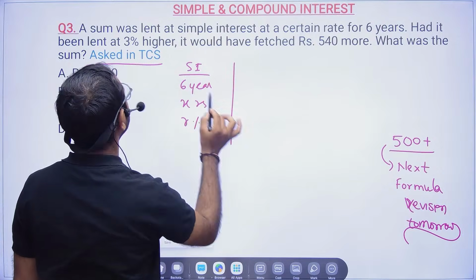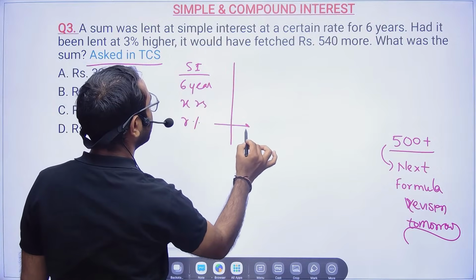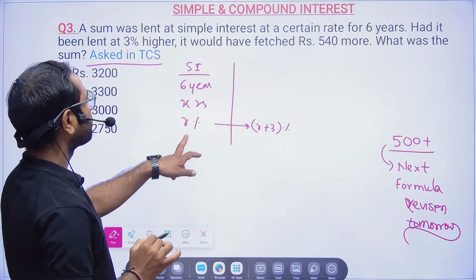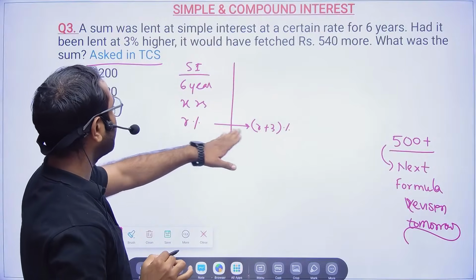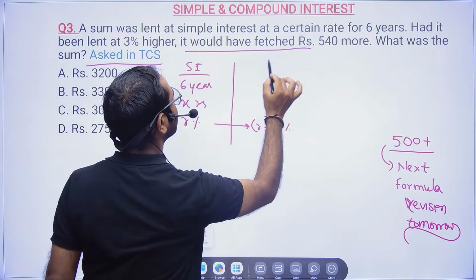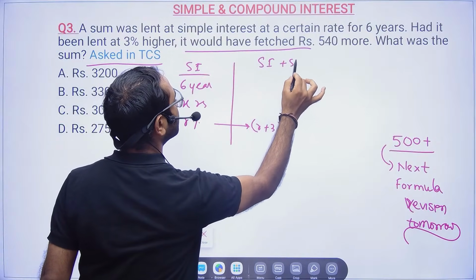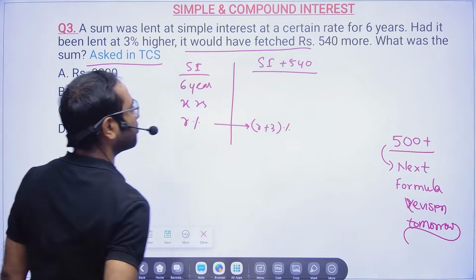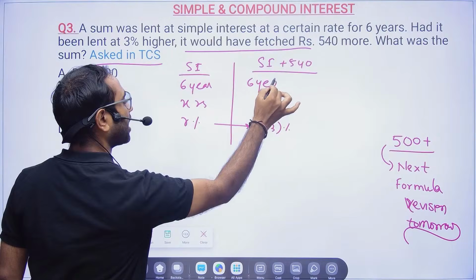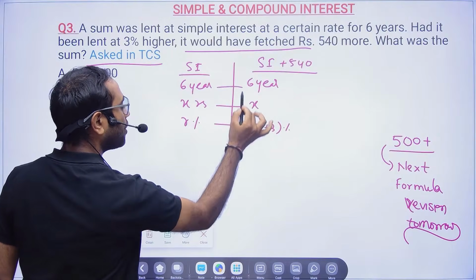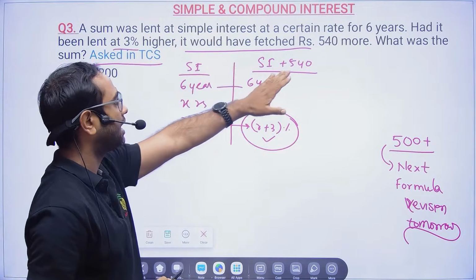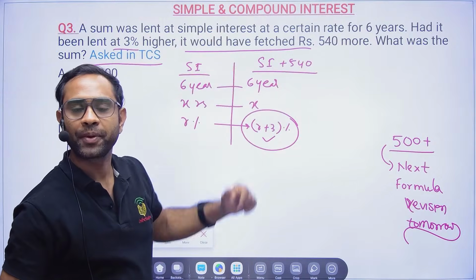Now what they're telling: had it been lent at 3% higher, that means r plus 3%, then the interest would have been 540 rupees more. Here again time is the same and the amount is the same. Only if the rate of interest is increased by 3%, then we would get 540 rupees more.